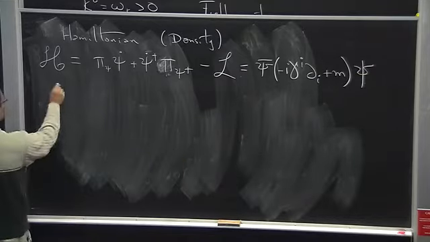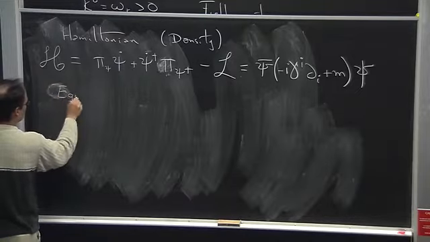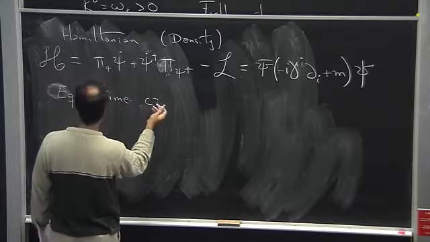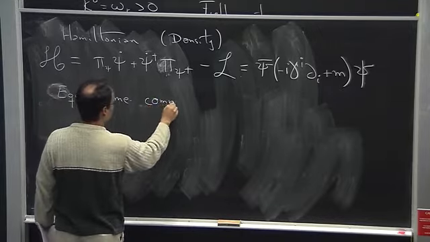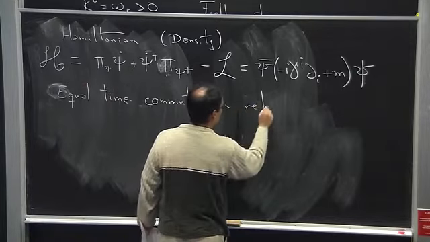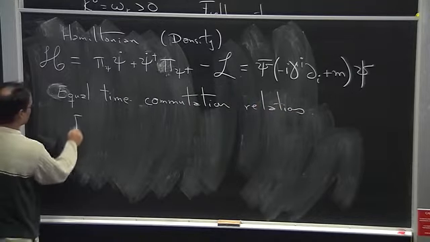Now we can proceed to our canonical quantization, imposing equal time commutation relations. What do they tell us?